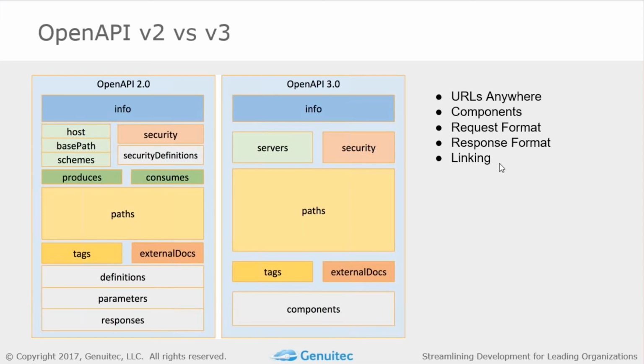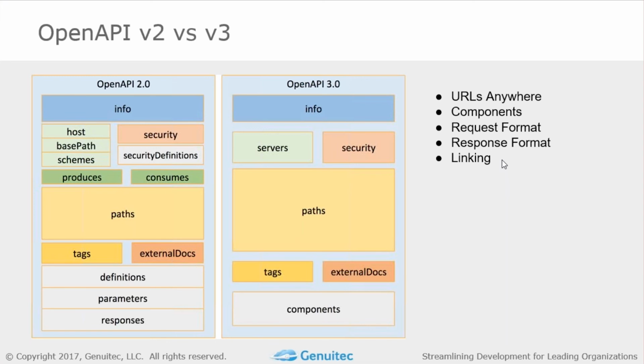So maybe you received a list of products or a product with a category ID. Now you want to get more information on the category. What do you do? You look at the link and ask your client to go there to get more information. There are some security changes as well, but we won't go into that here.